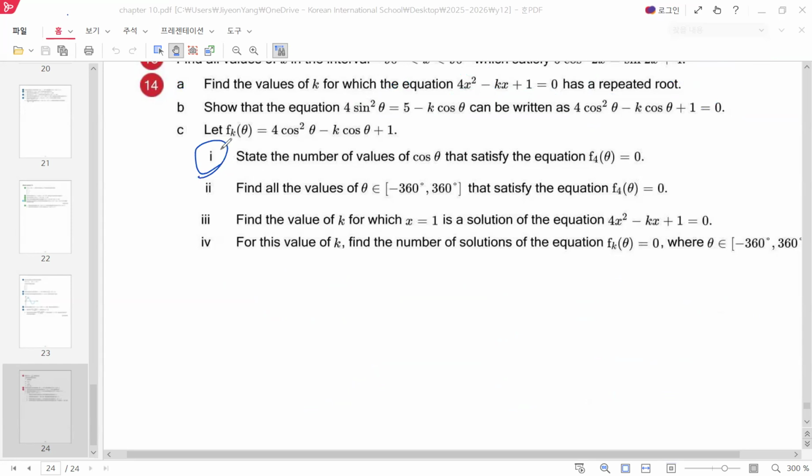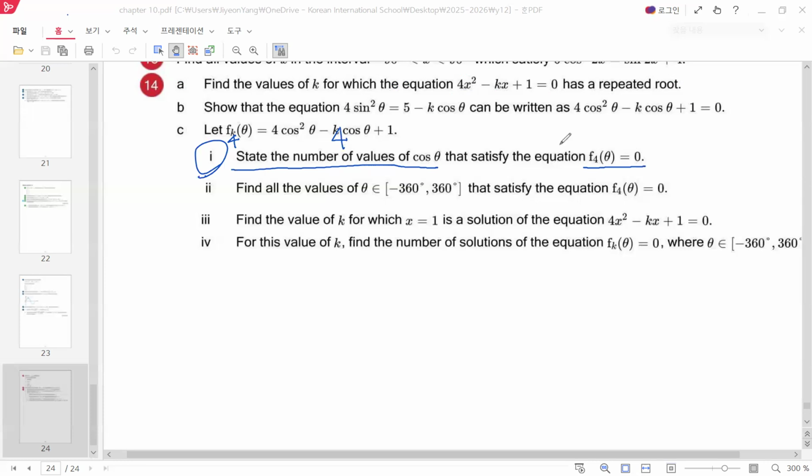And question number 1, Jason Tao, please read question 1. The number of values of cosine theta that satisfy the equation f sub 4 of theta equals 0. Not just f theta, f sub 4 of theta. So students, just substitute 4 for k. Do you understand?